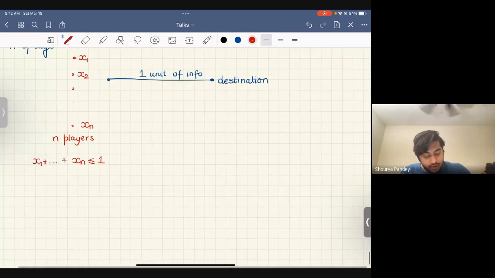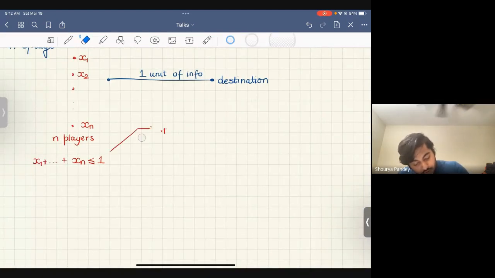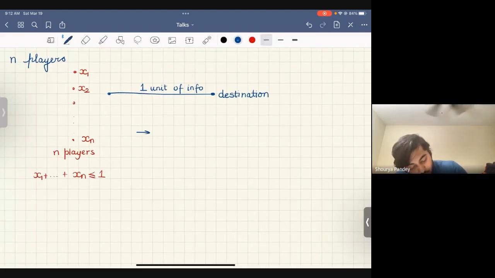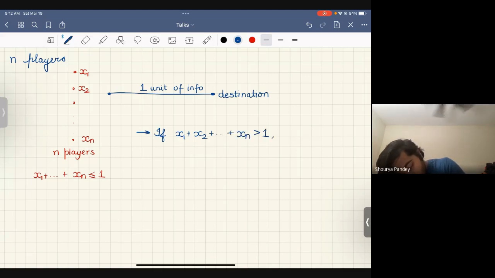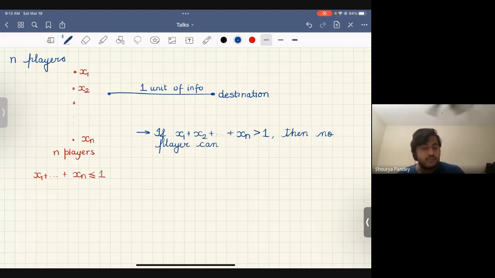Just to make it a bit more concrete, if it happens to be the case that x1 plus x2 plus so on up to xn is more than 1, then no player can send info, because something happens to the channel.